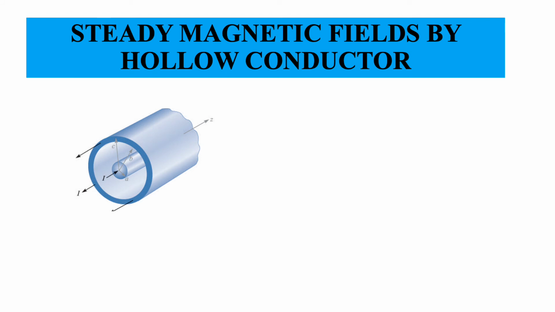So if you look from the top view, we have a cylinder with an effective radius of C minus B, where C is the outer radius and B is the inner radius.